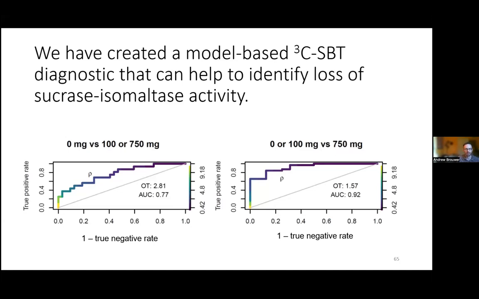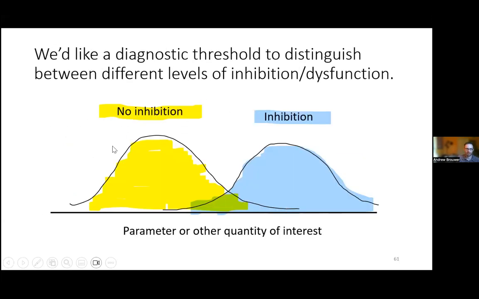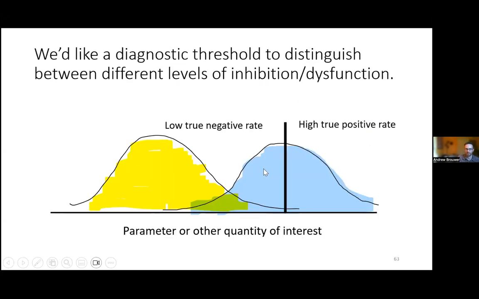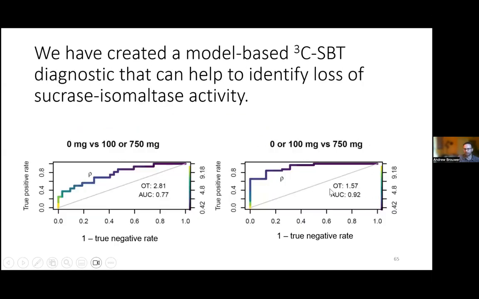And so if I look at my rho value as a proposed model-based diagnostic, it's okay, certainly better than nothing at determining between no versus some inhibition. That's just because the red and orange curves aren't really that different in some of these cases. But I do much better, over 0.9, at determining low versus high inhibition. And so that is going to tell me something from a clinical perspective of how good my test is.